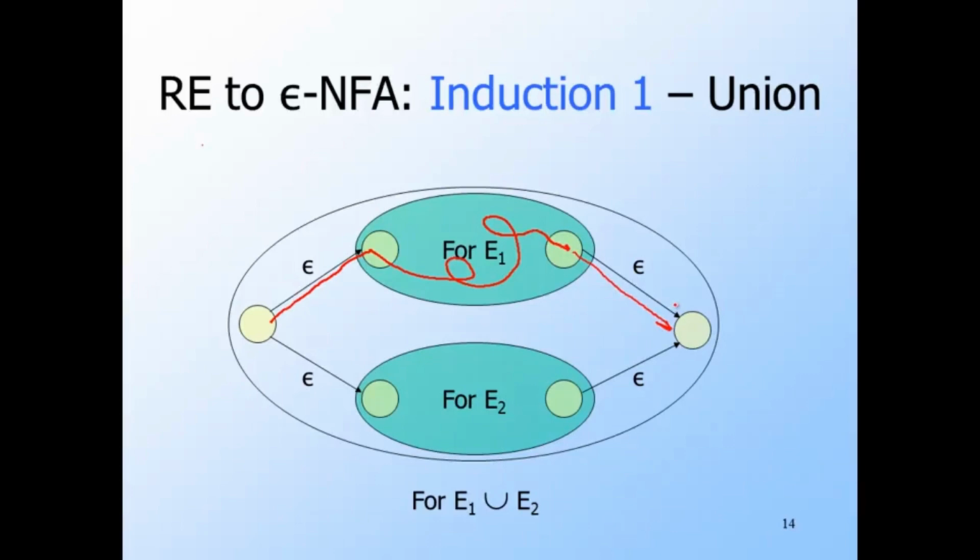Notice the fact that there's no way to get into the green thing labeled for E1 and no way to get out of it except as I've shown guarantees that the path must go through E1 or through E2. There are no other options.